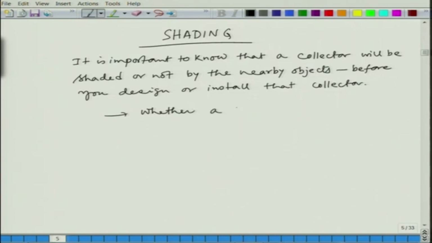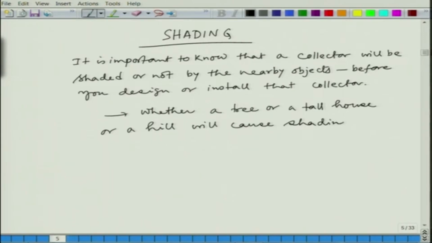whether a tree or a tall house or a hill will cause shading or not.